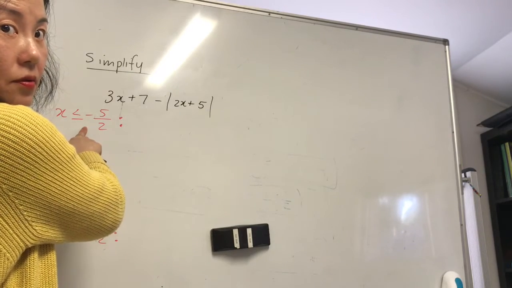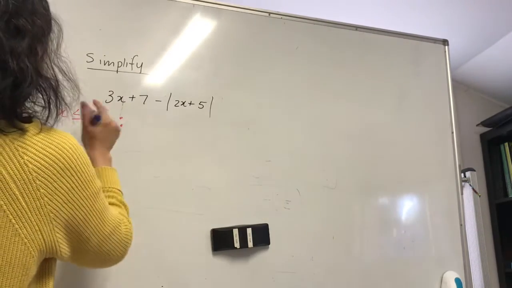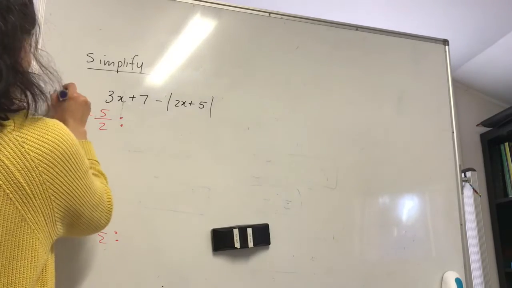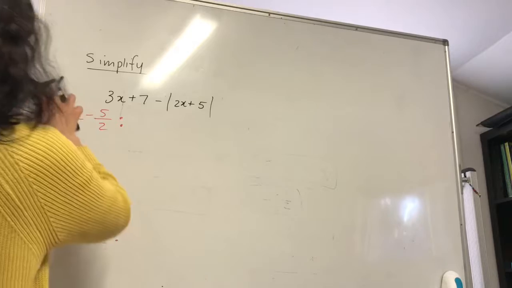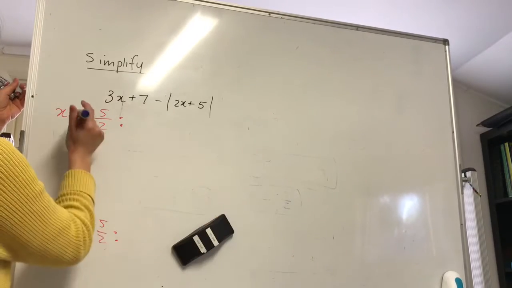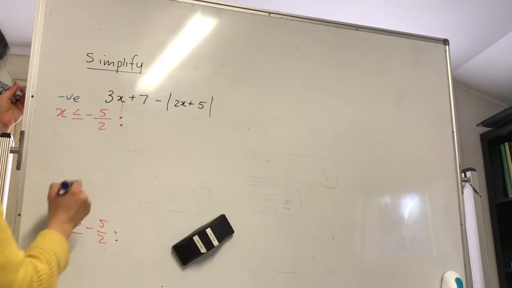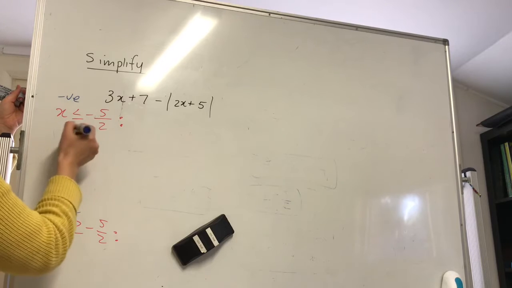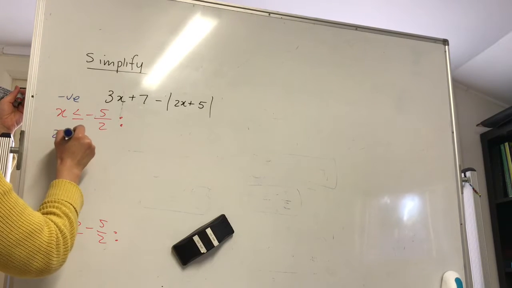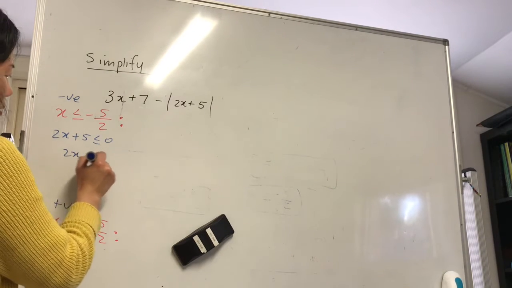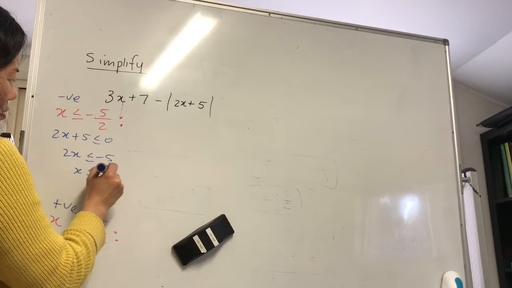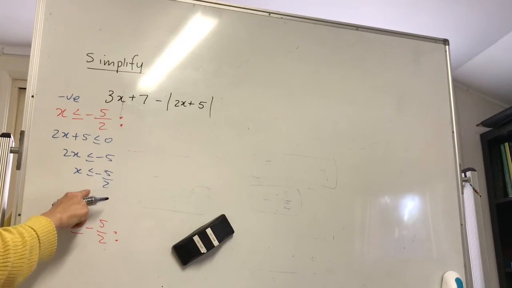Was this one bigger than or equal to 0? So that was a positive, wasn't it? No, it's not. This was positive, this one was a negative. So what I've done here is 2x plus 5 is less than or equal to 0. And that's what we got.